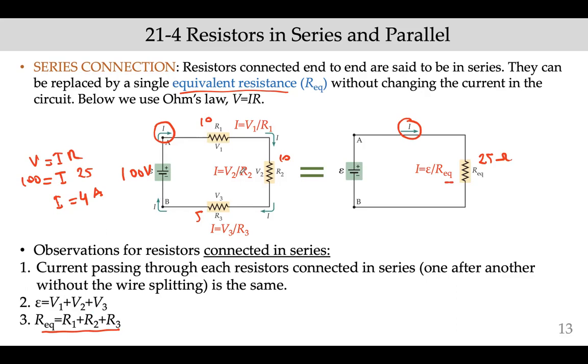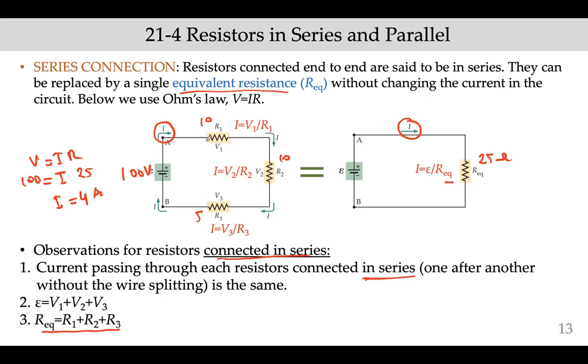Now, we can make some observations here. When resistors are connected in series, first, as I already said, the current passing through each resistor is the same, which means one after another without the wire splitting. So the current here is the same.